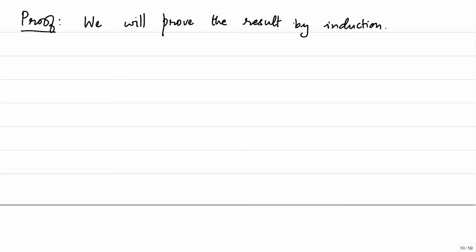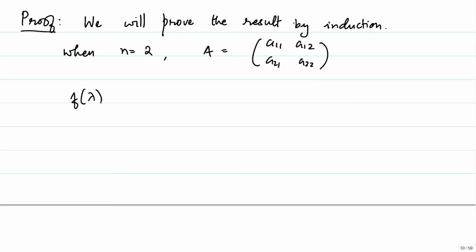So to kickstart the induction, let's consider the case when n is equal to 2. So when n is equal to 2, what is our A? A is just going to be A11, A12, A21, A22. And what is our f of lambda? That is just going to be (A11 minus lambda) into (A22 minus lambda) minus A12 times A21. Well, that is good.